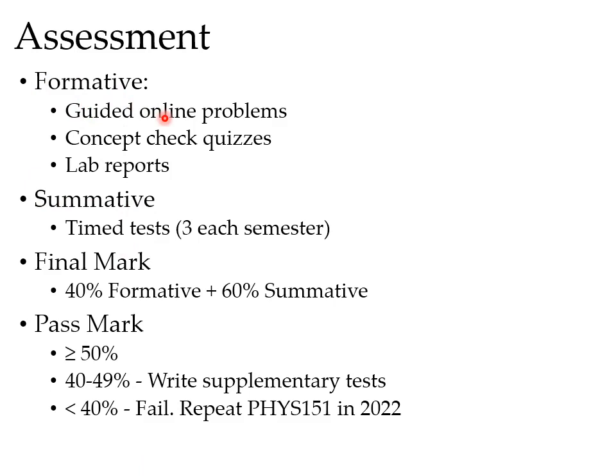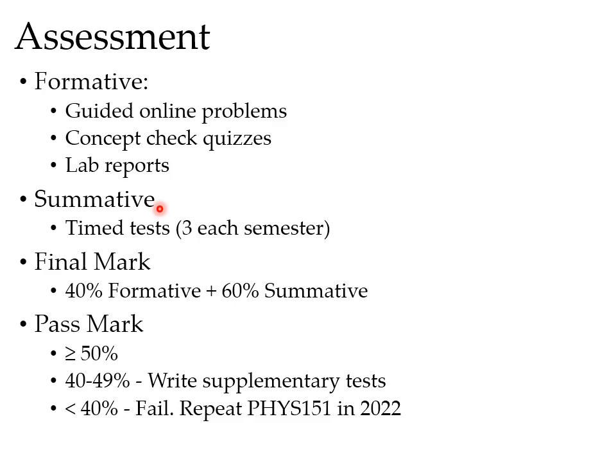The formative assessments are available online for a longer period, and in some of them you are able to check your answers and try again. These basically help you learn the physics, and your lab reports are also part of the formative assessments.